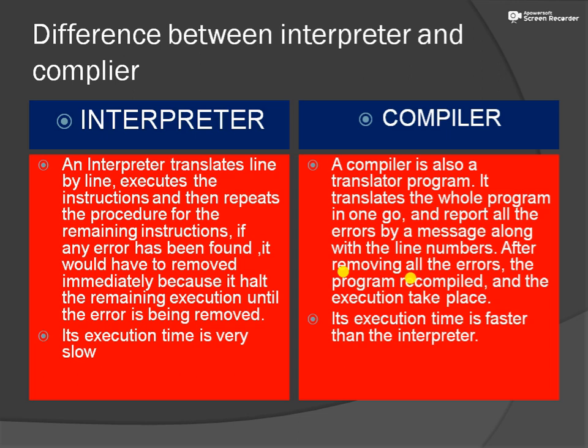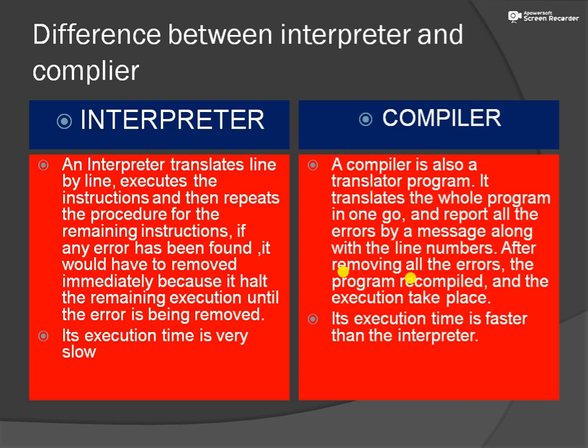If any error is there, it has to be removed immediately because it halts the remaining execution of the program until the error is removed. So students, the execution time of interpreter is very slow.